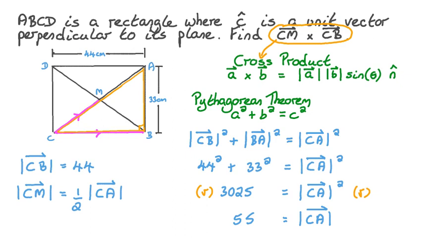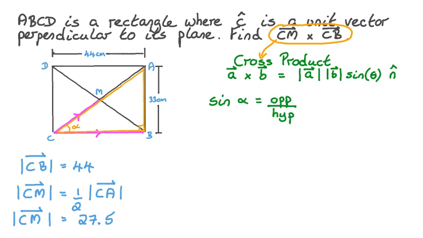The length of the diagonal of the rectangle from point C to point A is 55 centimetres. 1/2 of 55 is 27.5. Therefore the magnitude of vector CM is 27.5. We now need to calculate the angle between our two vectors, which we will call alpha.